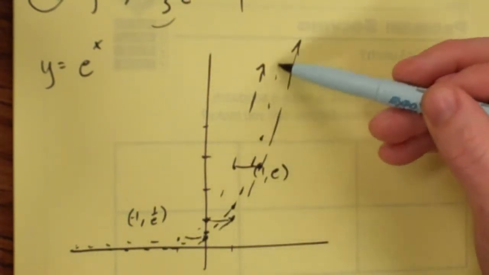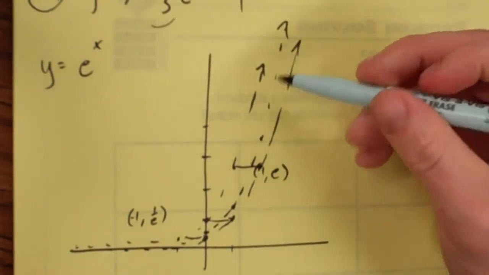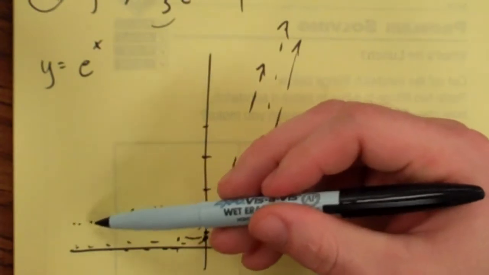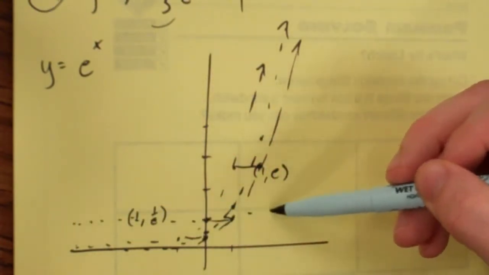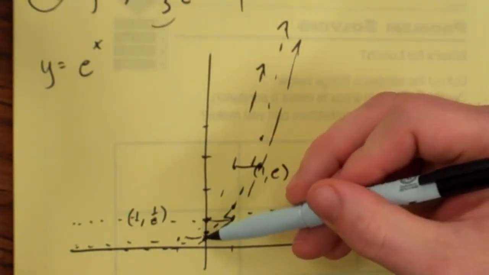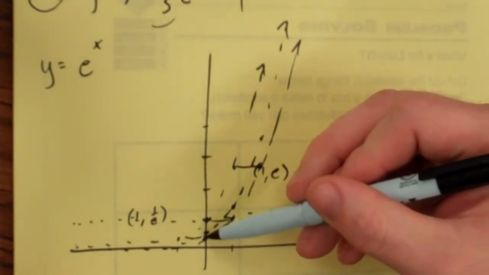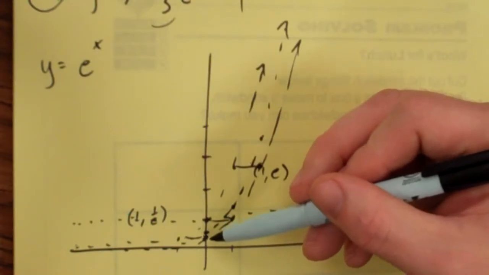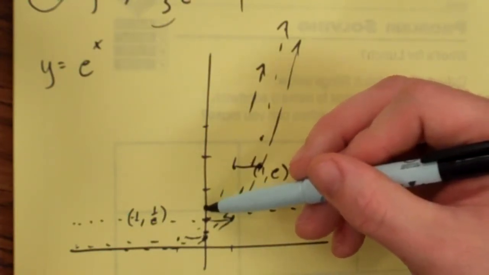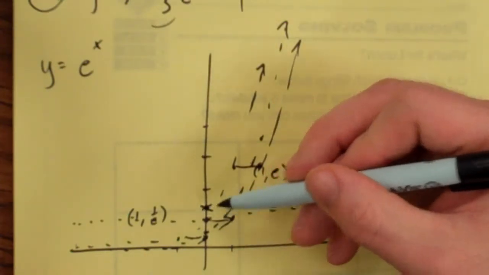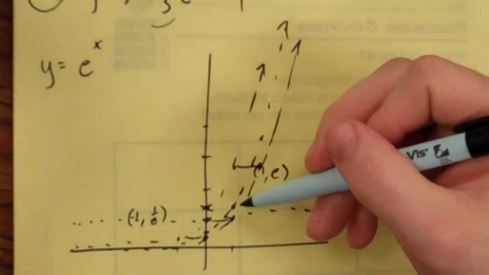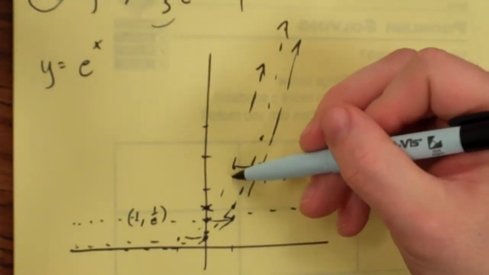Okay, so here's version 3.0. And the last thing that happens is plus 1. That means shift it up 1. If you're going to shift everything up 1, make sure to shift your asymptote up 1. And then shift all the points up 1. So here's our point right here, a little less than a half. It's going to go up to here, and I'll mark it with an X. These are our final points.